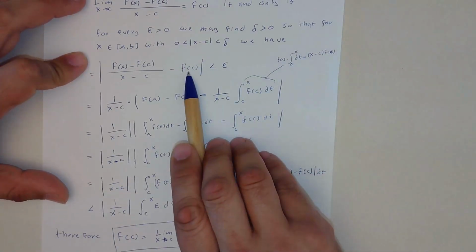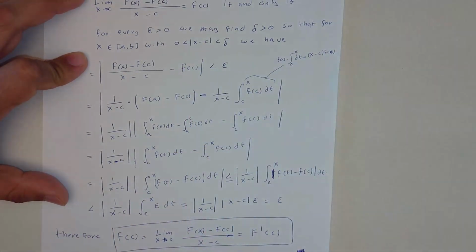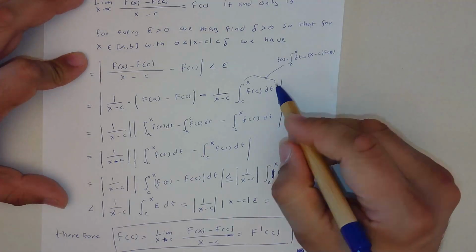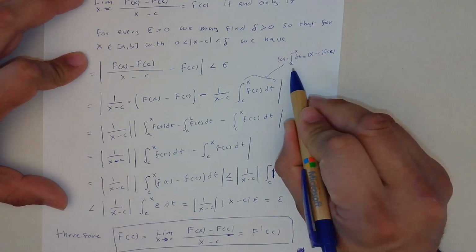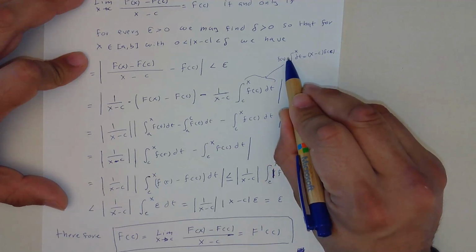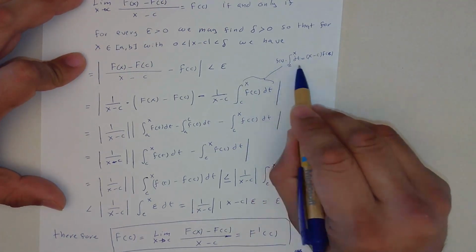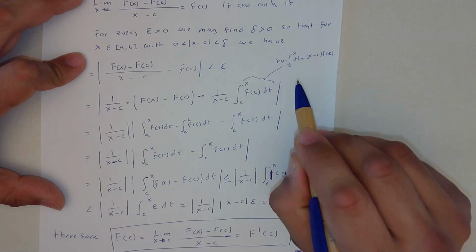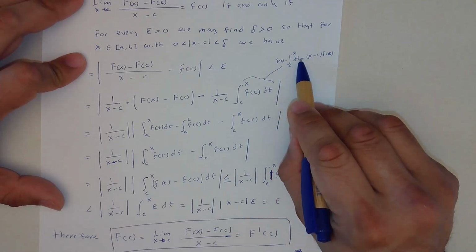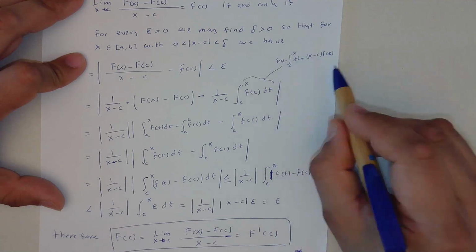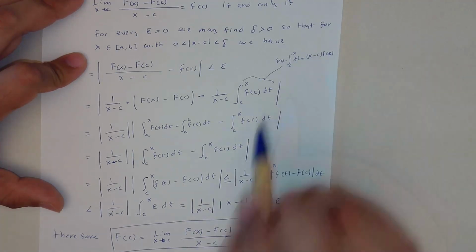Basically I am multiplying by 1 here, right? If I multiply f of c by the integral from c to x of dt, we will have this difference, right?